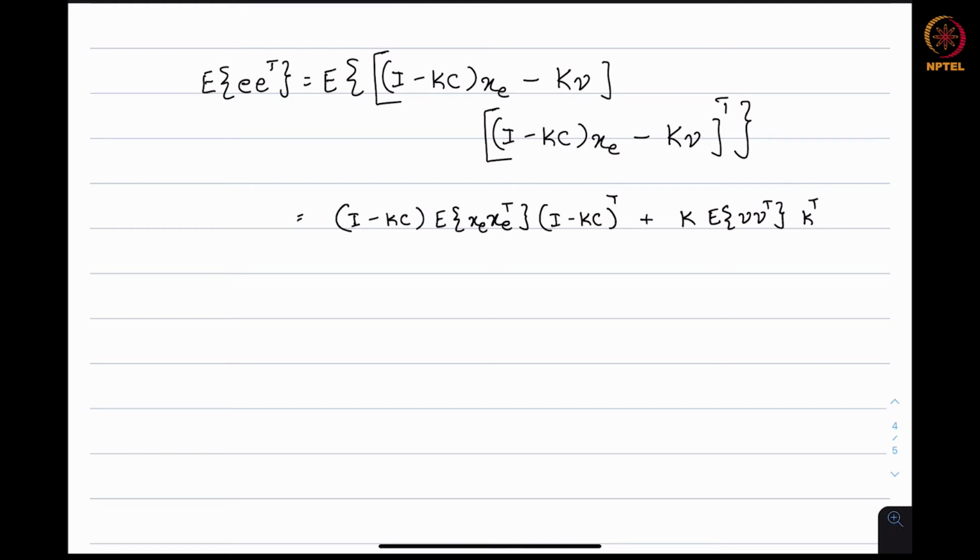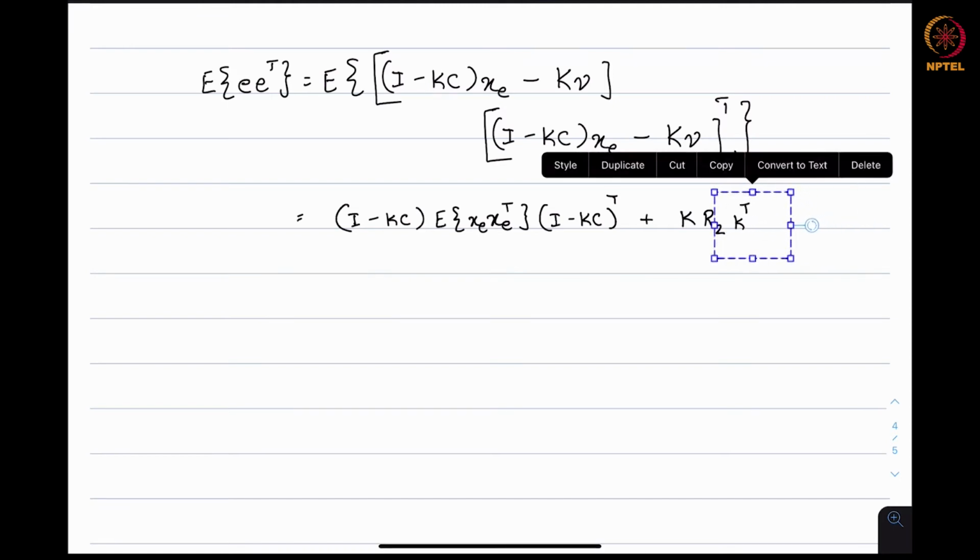We are ignoring the other terms because nu is a white noise and the expectation of epsilon nu transpose is equal to 0. So let's not worry about those parts. Okay, this expectation I can write as nothing but R2, so I will just replace R2 over here, and we have this overall equation.